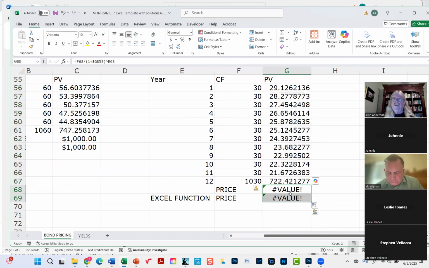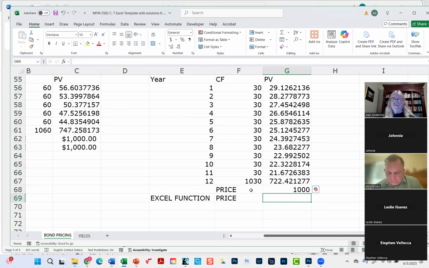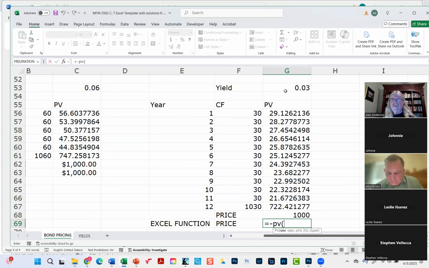Oh, we don't want this here. So the sum is what we're looking for. This is the bond's price. Ah, 1,000. And then we'll use Excel's built-in functionality. The rate, periods.